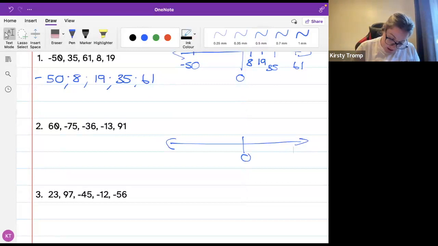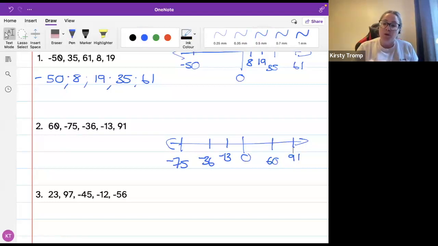Right, so my first number there is the number 60. So I'm going to put 60 over there. Then I've got negative 75, negative 36, negative 13, and then I've got the number 91. All right, and if we remember our negative numbers, we know that as we move from the 0, it's almost like the opposite of the positive numbers.